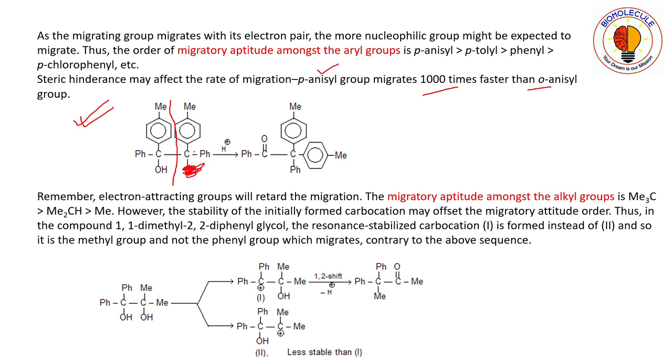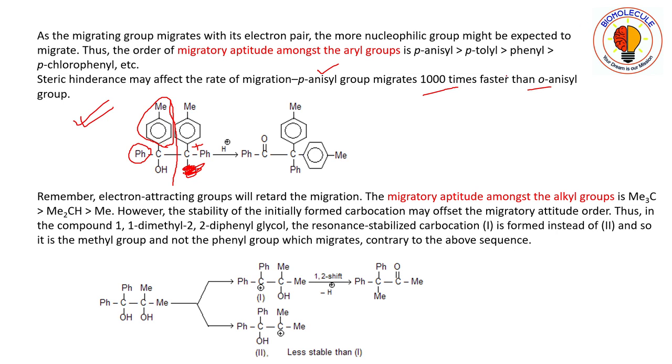Now this carbon is bearing a positive charge. So among these two groups, that is the phenyl group and the para-tolyl group, which group will preferentially migrate over the adjacent carbocation?